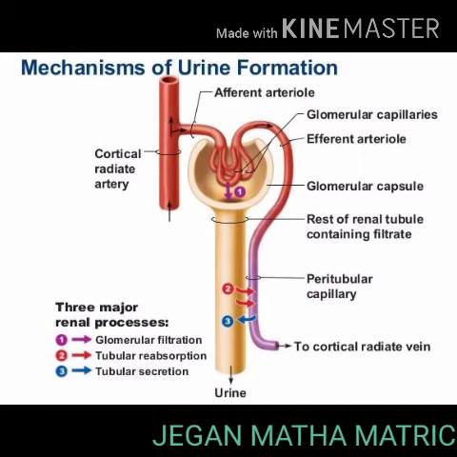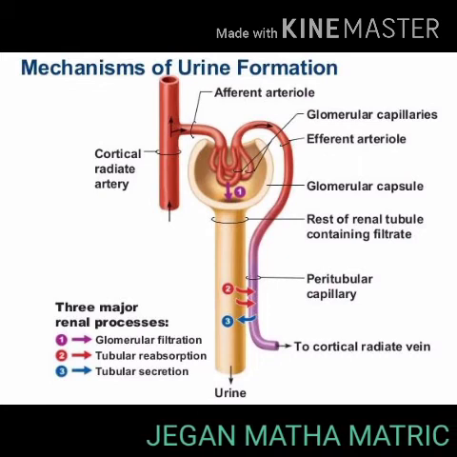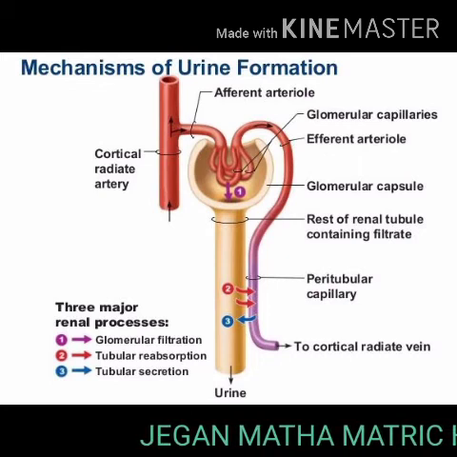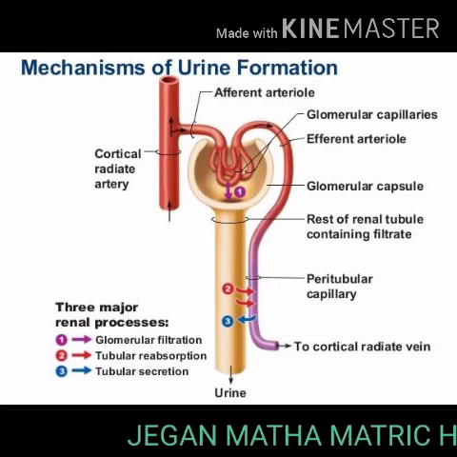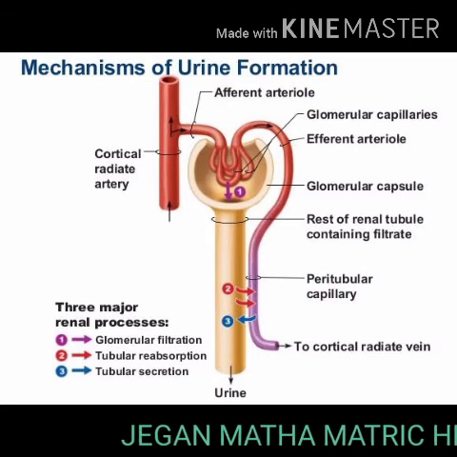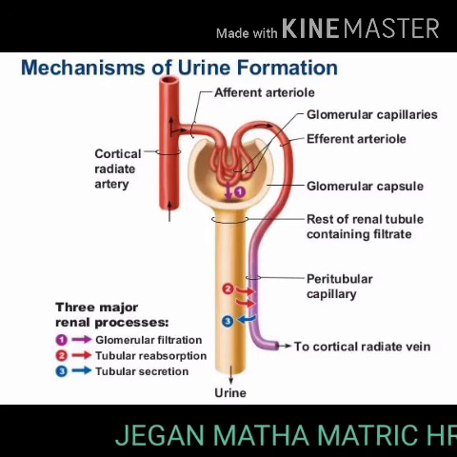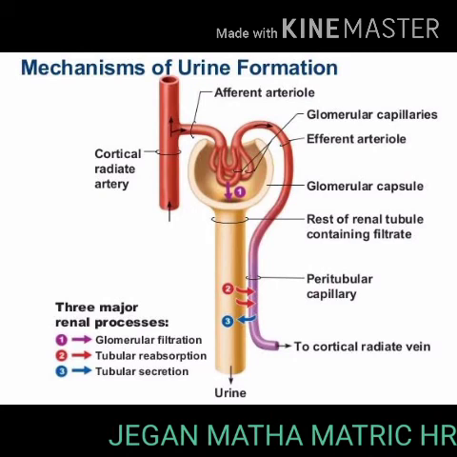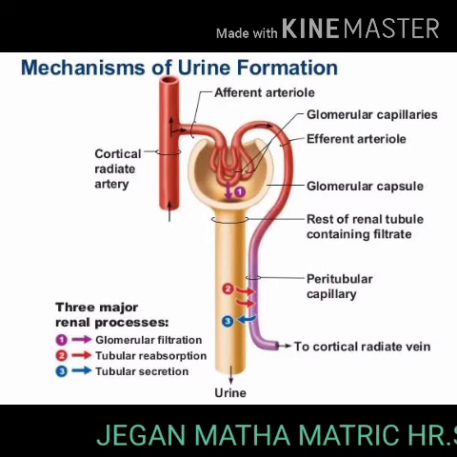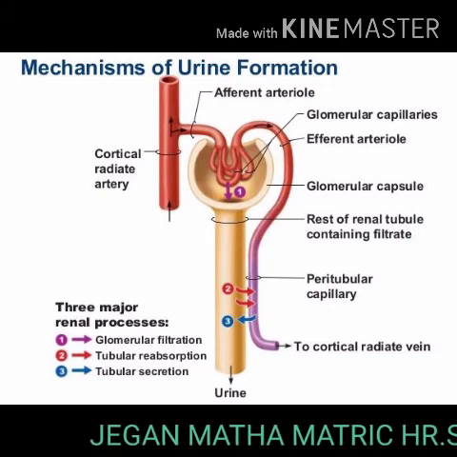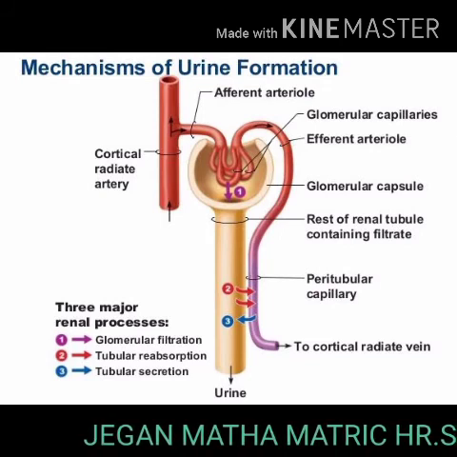Tubular reabsorption. The filtrate in the proximal tubule consists of essential substances such as glucose, amino acids, vitamins, sodium, potassium, bicarbonates and water that are reabsorbed into the blood by a process of selective reabsorption.